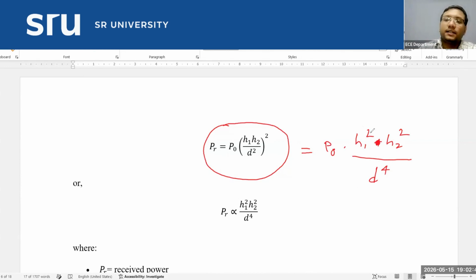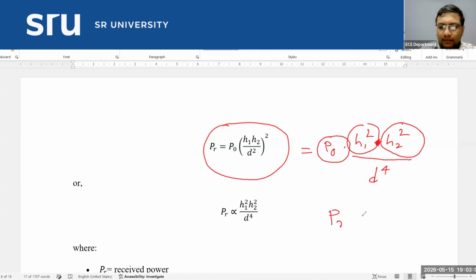Okay. So if I assume that for any instance of time, h1 is constant, h2 is constant, and suppose P0 is constant, then this received power will be inversely proportional to d to the power 4.